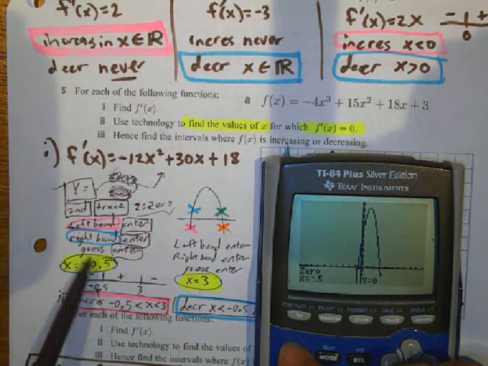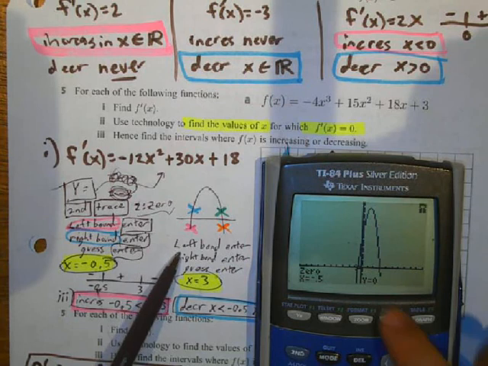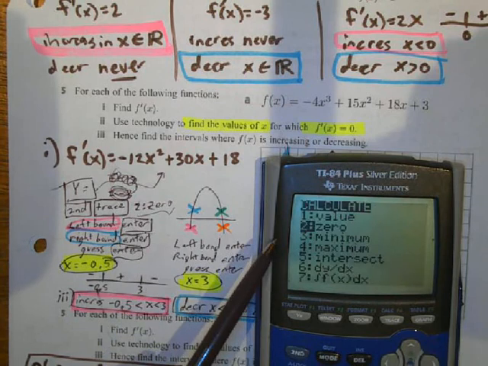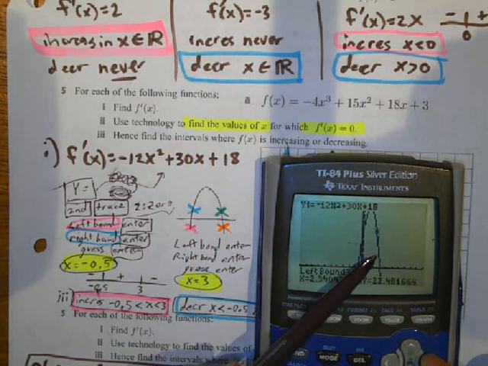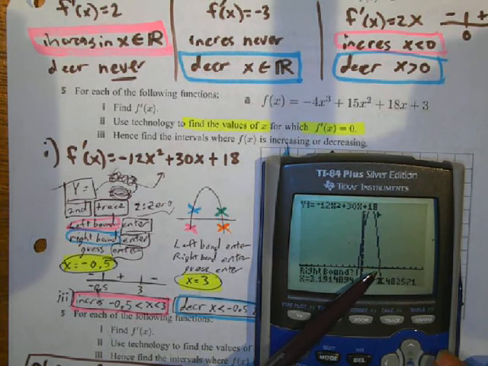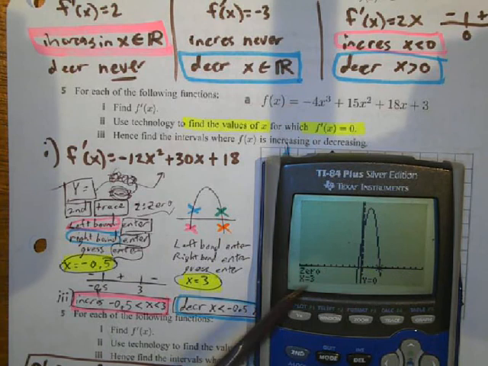Same thing again. Second trace, 2 for zero, and now I want to get closer here. So here I'm on the left side of the zero, I hit enter. Now I need to get to the right side of the zero, I hit enter, enter, and it tells me that the zero is at 3.